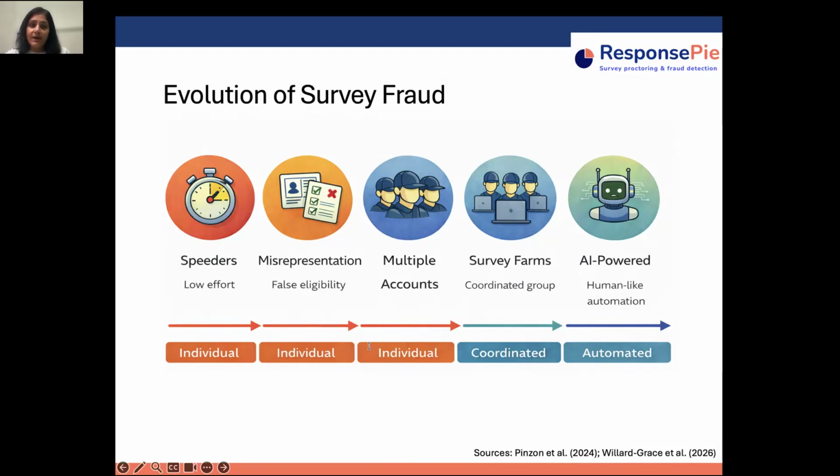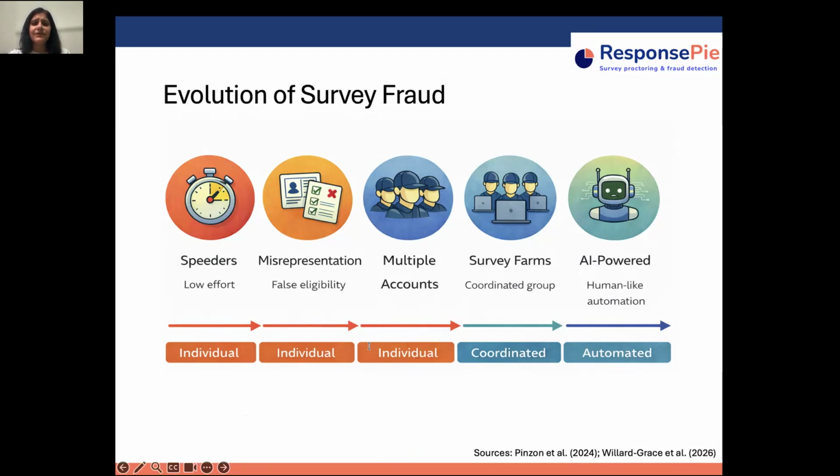When you move to the right, you'll start to see more of a coordinated effort in survey fraud. So here we have survey farms or click farms, as they're sometimes called, which are really just groups of people that are working together. They're following shared instructions, completing surveys at scale.